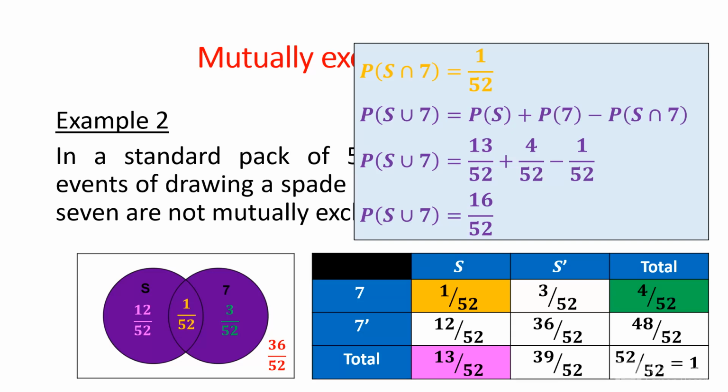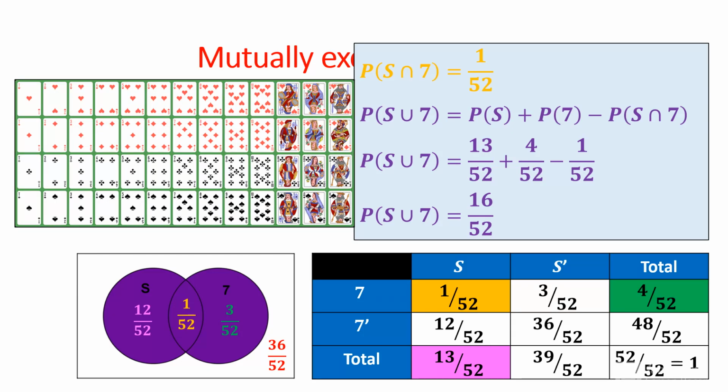Now, let me see if I can explain that with a diagram. Here we go. Here's our pack of cards. So we have 13 chances out of 52 of drawing a spade. There's 13 spades. And we're adding on the 4 chances out of 52. There's 4 7s. But have you seen in the process of doing that, we've ended up adding the 7 of spades twice.